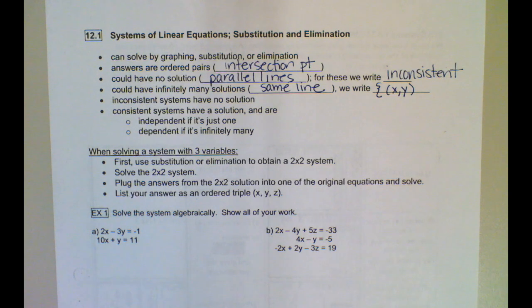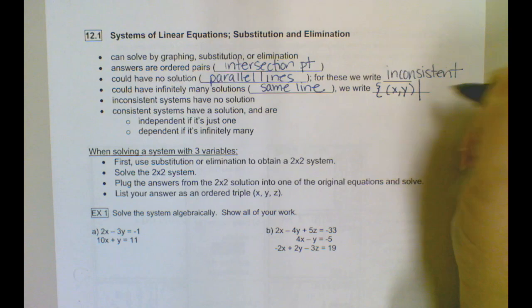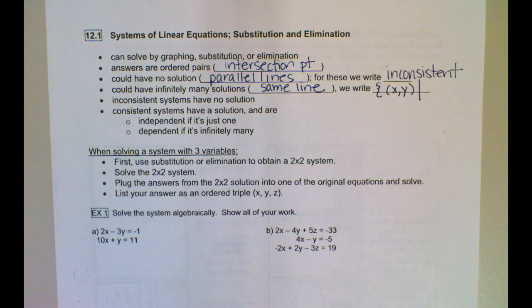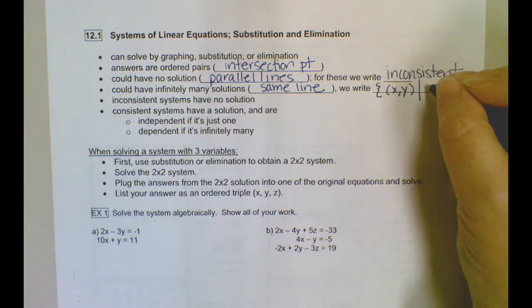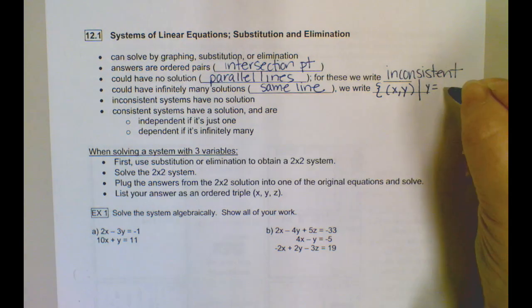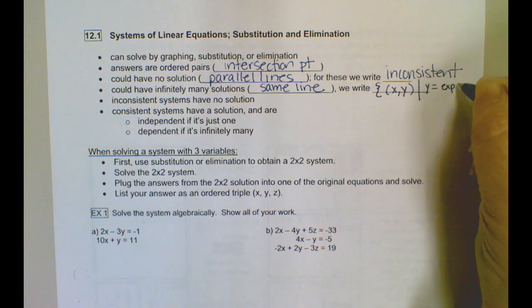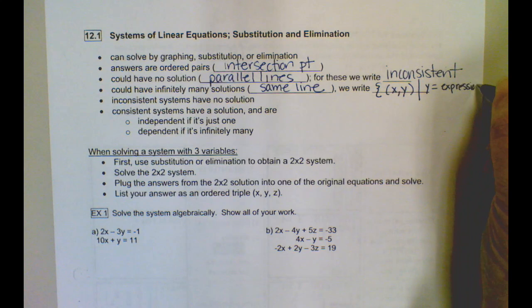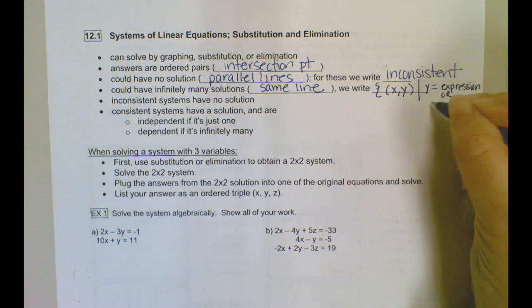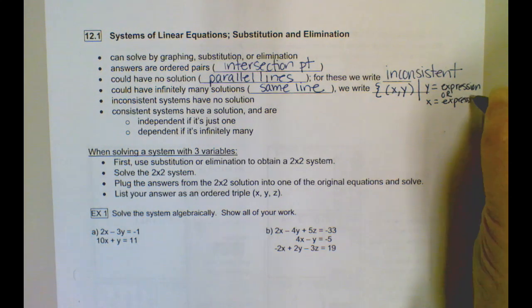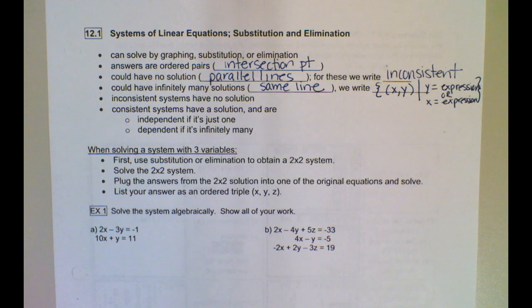If it's a 2x2 system, the answer is an ordered pair such that, and then you write an equation. So either x equals some expression or y equals some expression. Basically, whatever you end up with x or y equal to.